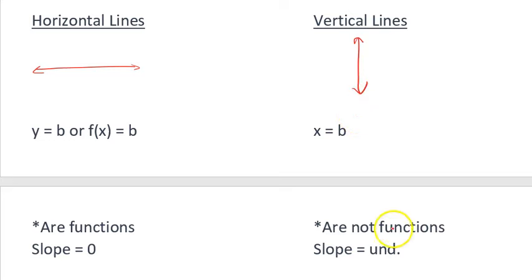The slope of it is considered undefined. If you work the slope formula out with some points, you get a 0 on the bottom of the fraction, and that is your clue that it's undefined, because 0 on the bottom of a fraction means undefined.